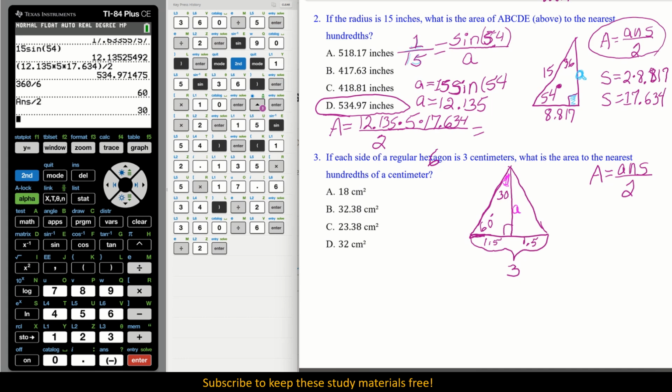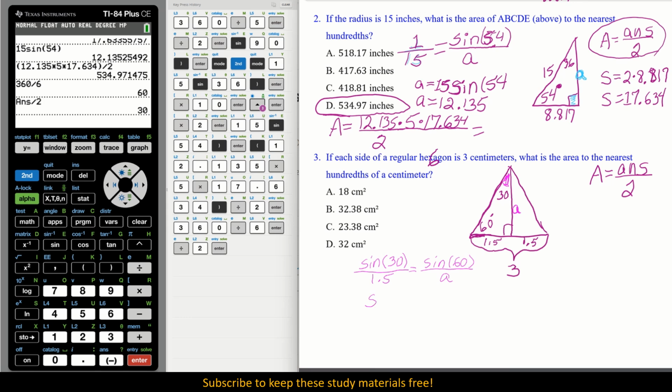Okay, so we have the sine of 30 degrees, and that is across from 1.5, and that is equal to the sine of the 60 degrees over the A. All right, great. So go through the motions.